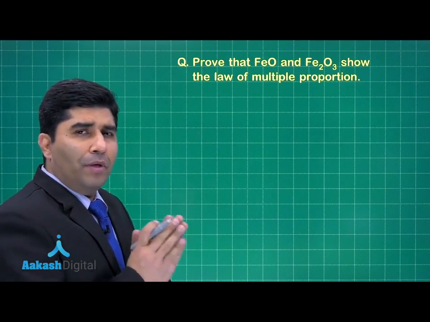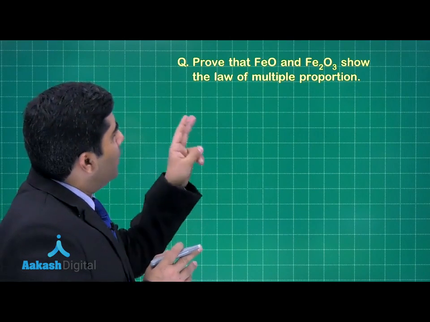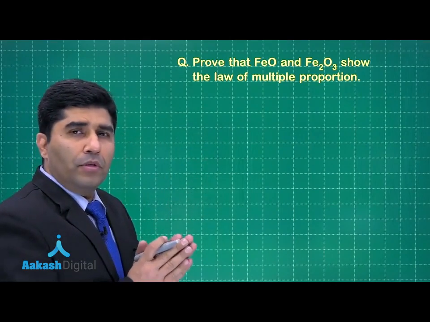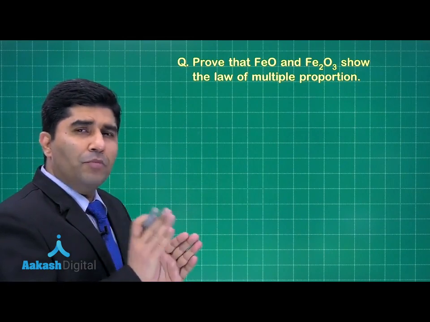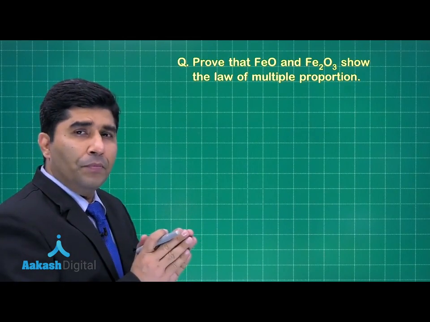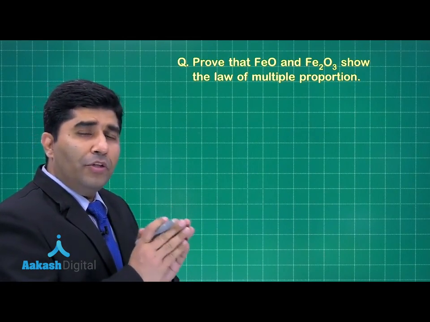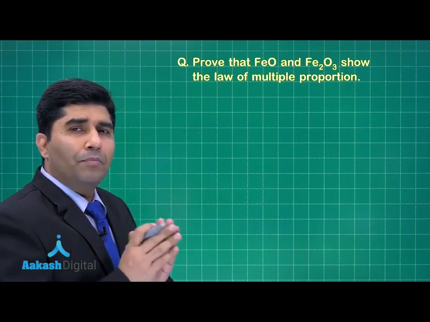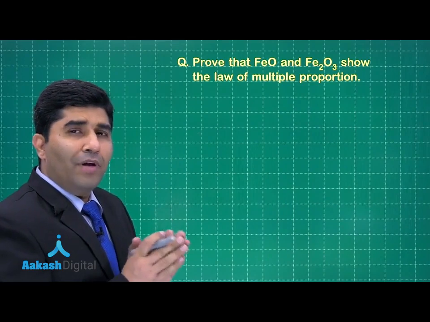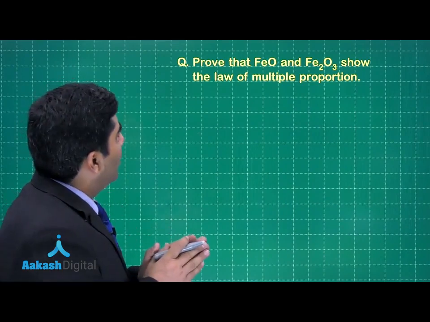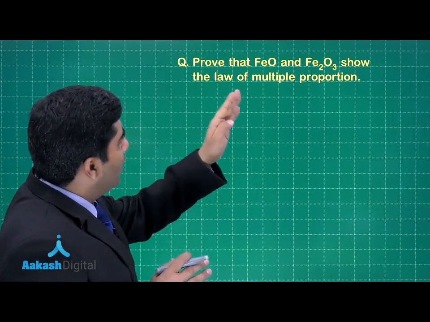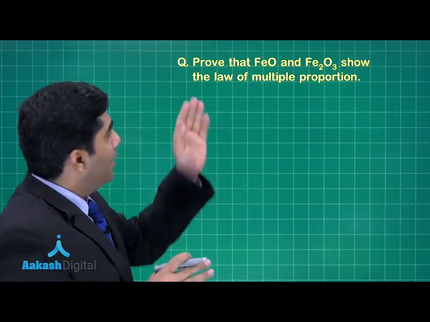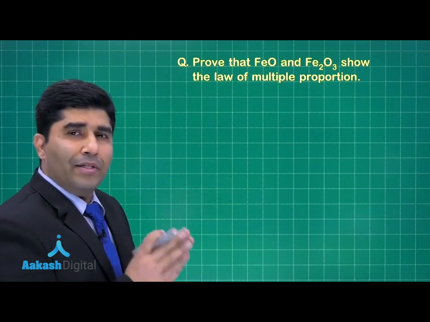Now what is the law of multiple proportion? If two elements form two or more than two compounds, then for the fixed mass of one element, the ratio of the masses of the other element will be a simple whole number ratio. So what we have to prove? We have to prove that for the fixed mass of iron, the ratio of the mass of the oxygen in these two compounds is a simple ratio.